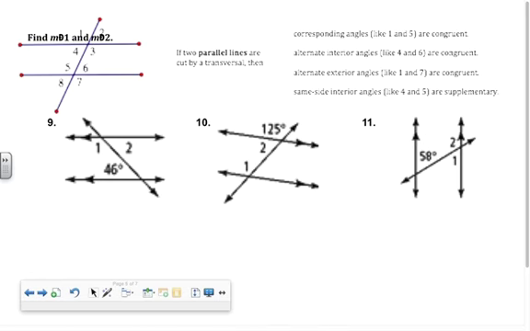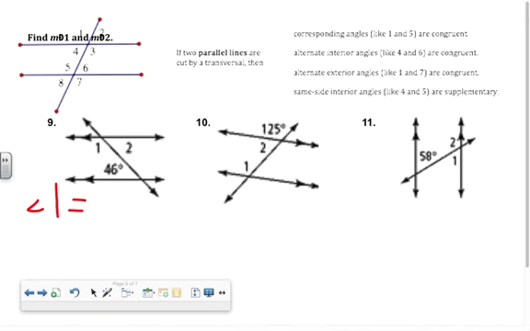All right, so in number 9, you're given that 46-degree angle. So, again, my question is, what's angle 1? Well, let's backtrack. Let's make sure that we're using the vocabulary because who knows what kind of question you might encounter on next week's EOC. The angle 1 and the 46-degree angle, what are they?